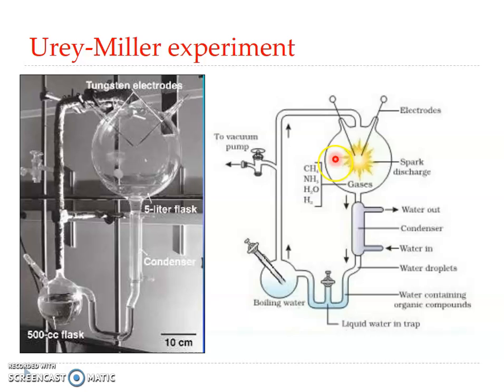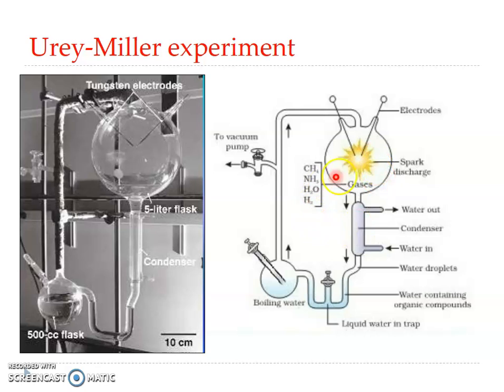What Urey and Miller did was, this particular chamber already had ammonia, methane, and hydrogen in excess, almost similar to what existed in the primitive Earth, in similar proportion and similar condition. Water vapor was introduced into this chamber via this piping system, right?